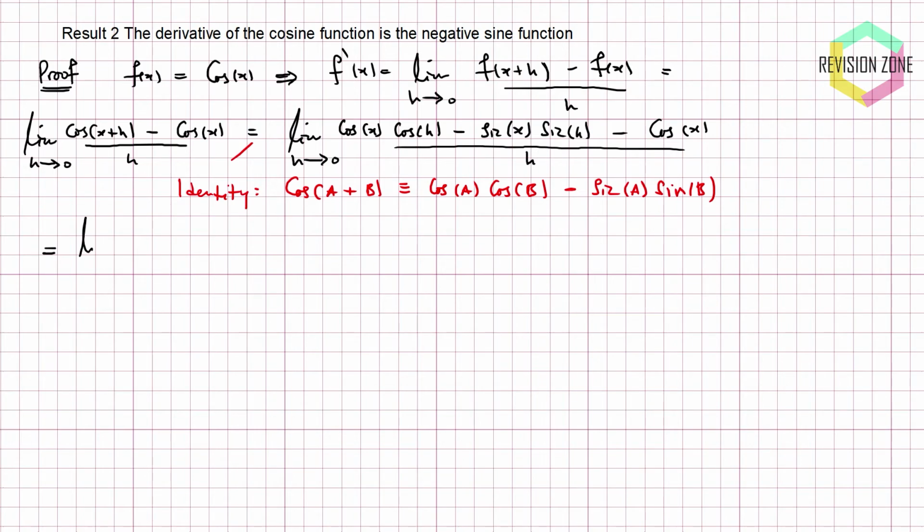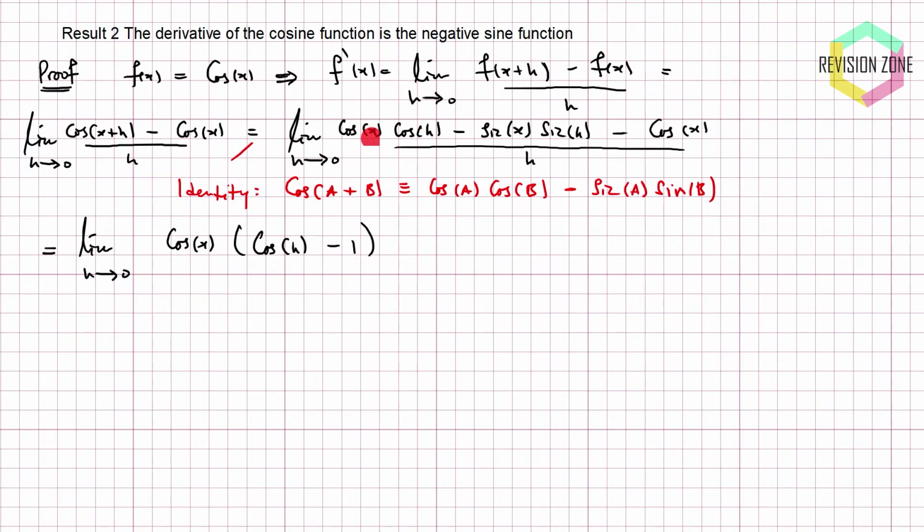So let me rewrite this in a way where I combine that term with that term and actually factorize the cosine out. So I can just take the cosine x out, and then inside the brackets I'll have cos h take away 1. And of course you can check that when I expand this, I'm going to get this term cos x cos h, and then cos x times minus 1 is going to give me the minus cos x term.